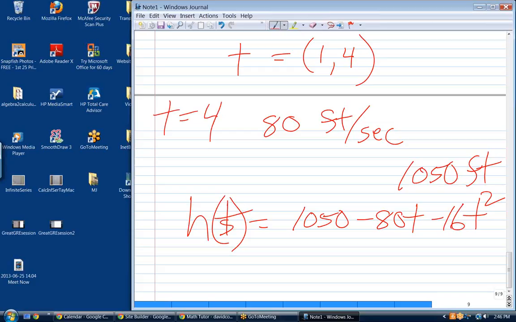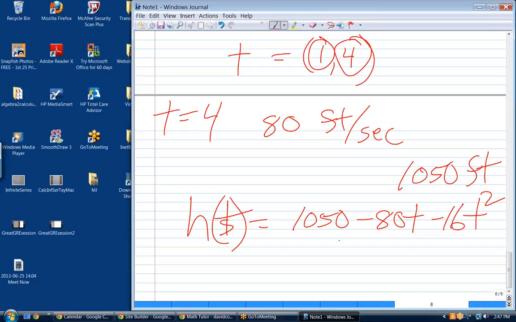To find its average velocity, we want to take its position at time 1 second, figure out its height at 4 seconds, subtract those two heights, and that's the amount of distance it will fall in 3 seconds. Distance divided by time equals rate, so that would be the average velocity.